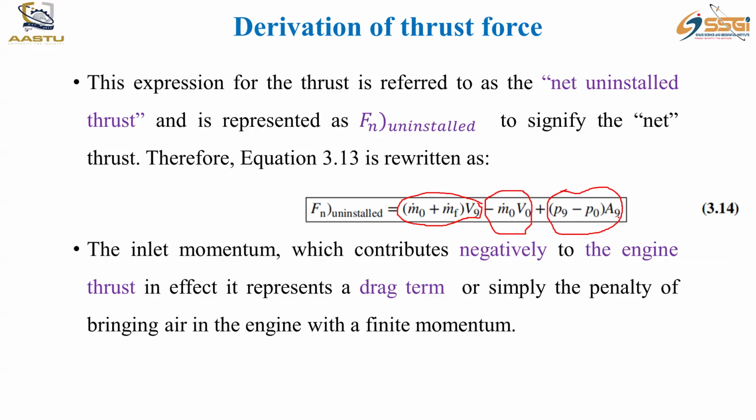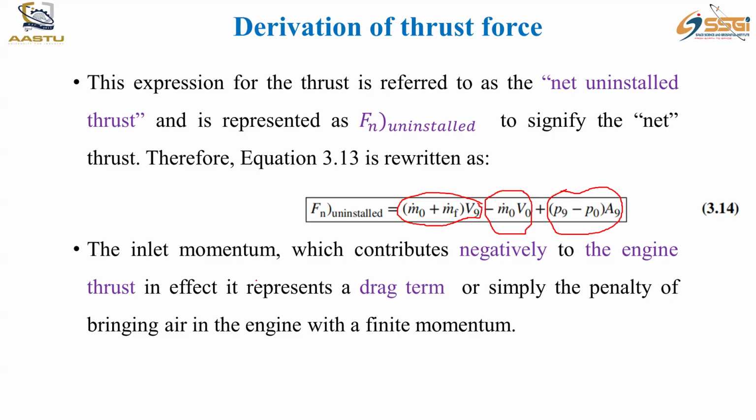P0 is already known, but what is the value of P9? That means the exit pressure. Based on that, we call it an overexpanded, underexpanded, or optimally expanded nozzle. So it is a nozzle condition actually. So we have momentum thrust, pressure thrust, and the drag component of thrust.